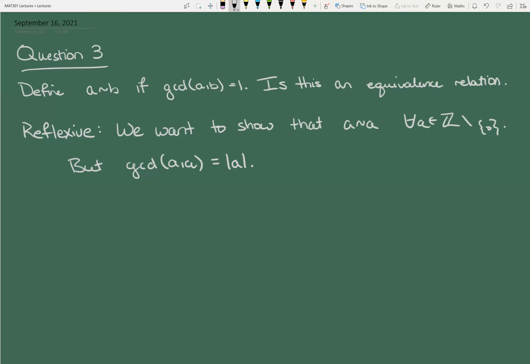So it's going to be the absolute value of A. And so if the absolute value of A does not equal 1, then they're not related to each other. Then A is not related to A. So immediately we fail reflexivity, right? So thus, the relation is not reflexive.